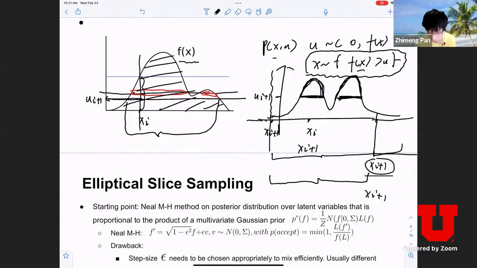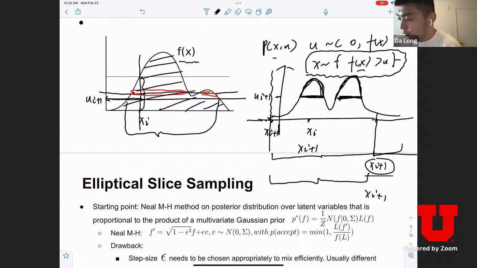So suppose the first point is slightly to the left of this point, then you will have a shrinkage. I want to draw. So suppose your first point is slightly to the left of your second point, then the remaining area will be unavailable for your next step, right?